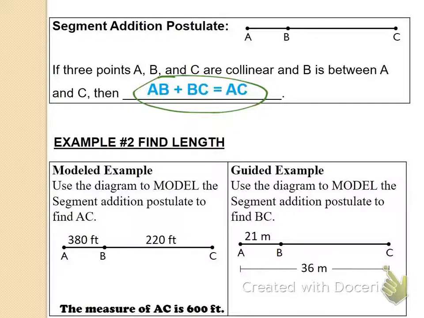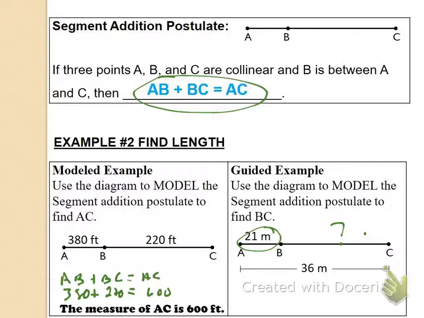But what I highly recommend you do is get yourself in the habit of writing out the segment addition postulate, and just using the segments themselves. In other words, just write out AB plus BC equals AC, and then fill in those numbers. Here it seems trivial to get your 600 feet. But I know it's called the segment addition postulate, but there are possibilities of needing to come up with something like the next example, where you know one of the smaller segments, but you don't know the other one, and you need to come up with it.